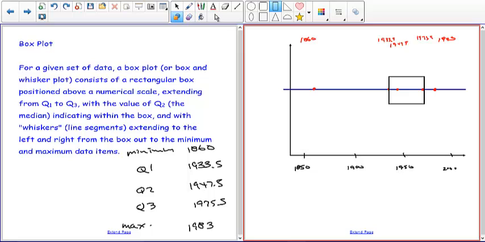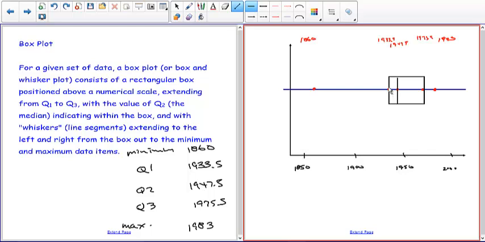Then it says with the value of Q2 indicating within the box. What that means is that I just draw a vertical line here where the median is. So that's my median. And then it says, with whiskers, line segments extending to the left and right from the box out to the minimum and maximum data value.